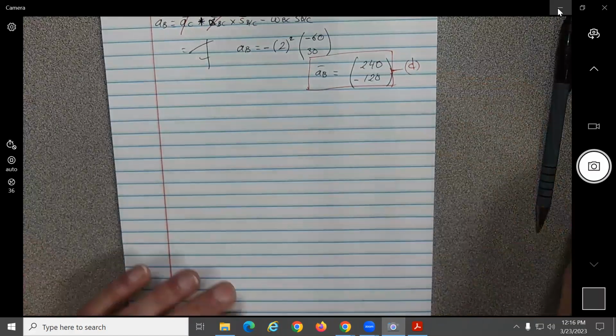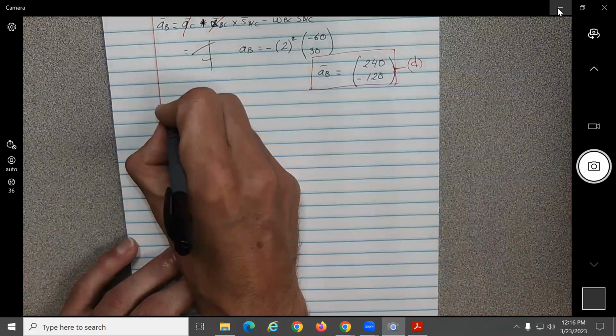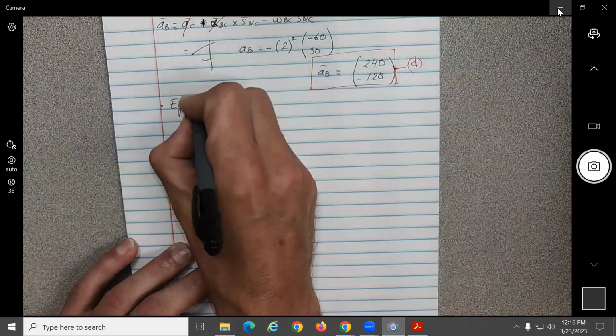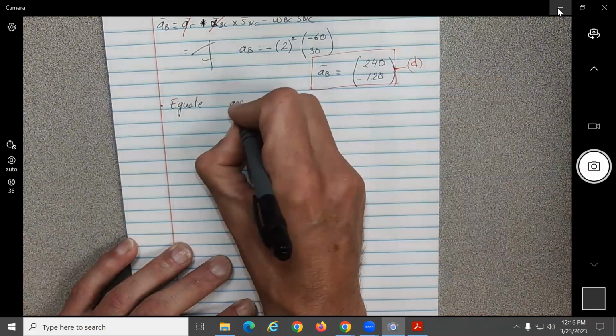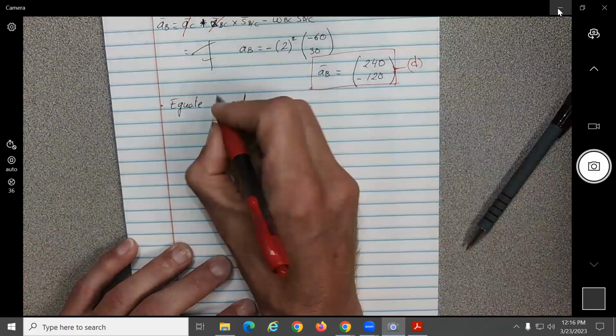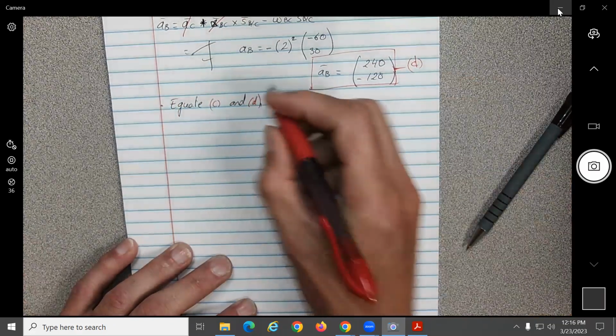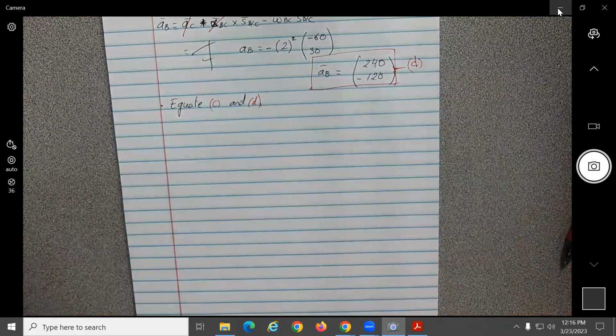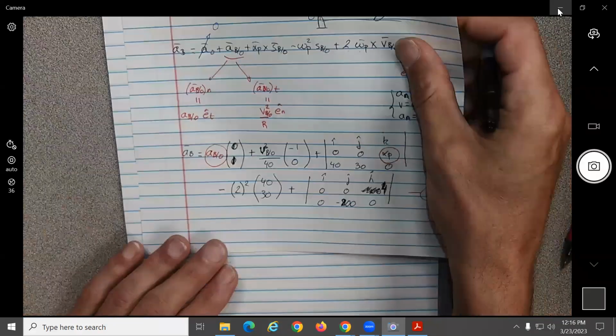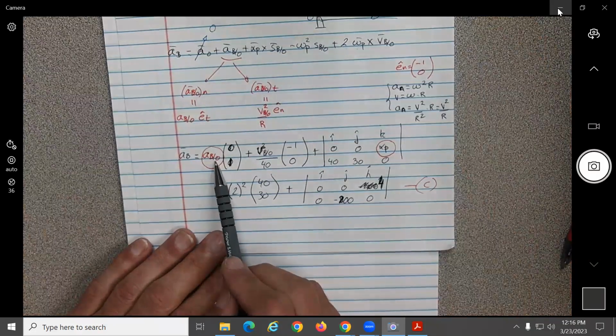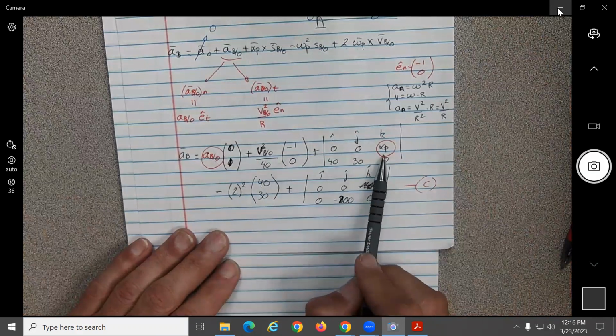Now what do you do? Correct, equate C and D. So which will give you what? You have 2 equations. You have 2, so this one has 0 unknowns. From the previous equation, we have 2 unknowns that were the relative acceleration and the angular acceleration of the plate, no?